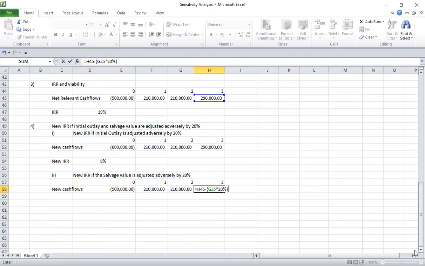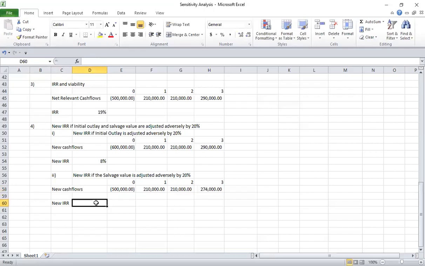How much cash flow do we now have for period 3? 274,000. We can therefore again compute our new IRR. And what percent do you get?